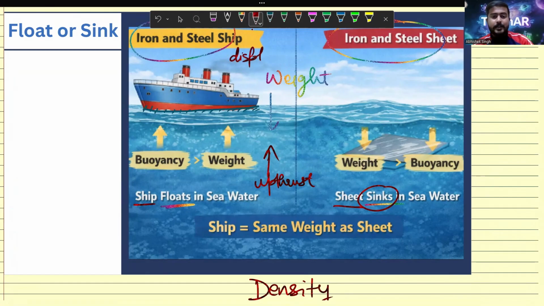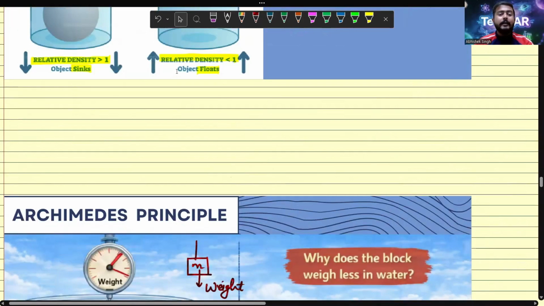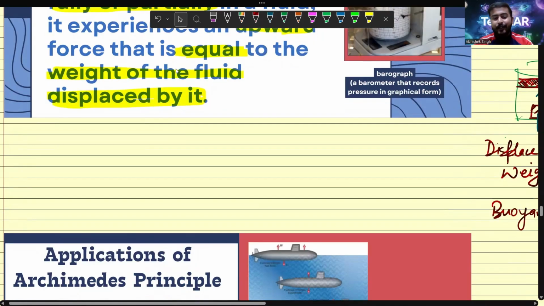So in this case, displaced water has more weight as compared to the iron sheet of the same weight. If it displaces more water, more buoyant force would be acting on the ship as compared to the sheet. Getting it? So this is how we can relate Archimedes principle with a real life example.